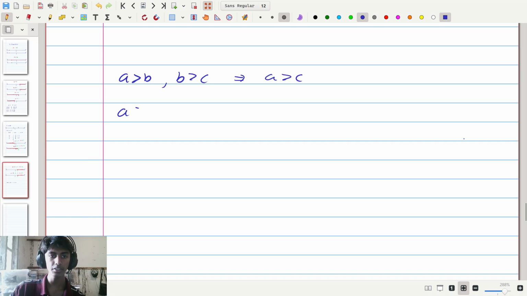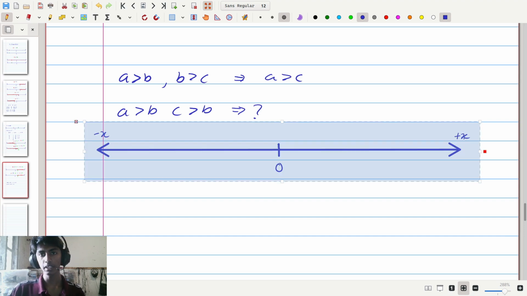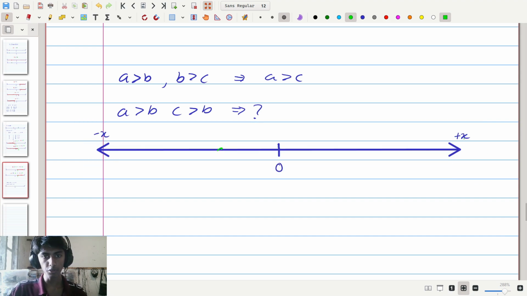However, if we have that A is greater than B and C is greater than B, this does not imply anything. Why not? Well, because all we have here is that A is greater than B, meaning A is somewhere to the right side, in the positive x direction relative to B. It's also saying that C is somewhere, now note my wording, somewhere to the right side of B. So if we take a number line, let's say that this is the value of B. What we mean by A greater than B is that A is somewhere along this line.